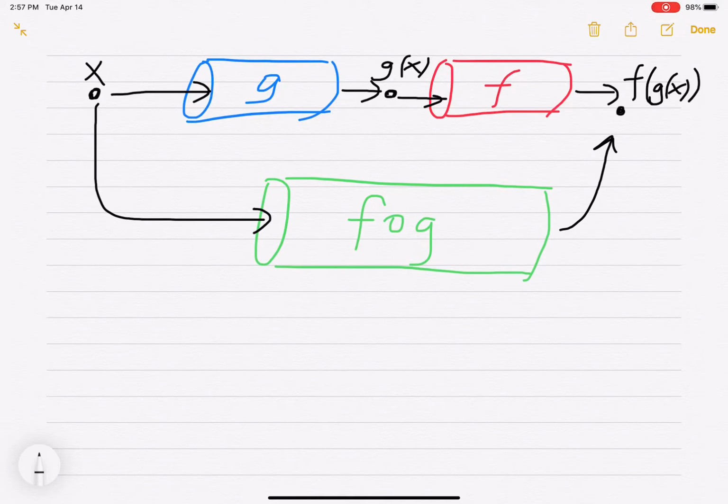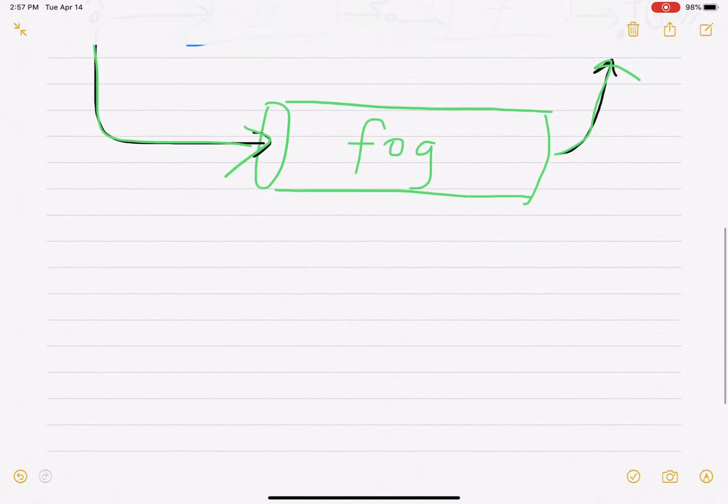So going through f circle g, going through f composed with g would be exactly the same as x going into g and then g of x going into f and coming out as f of g of x. The same difference, right? Okay, so that's the idea behind it.